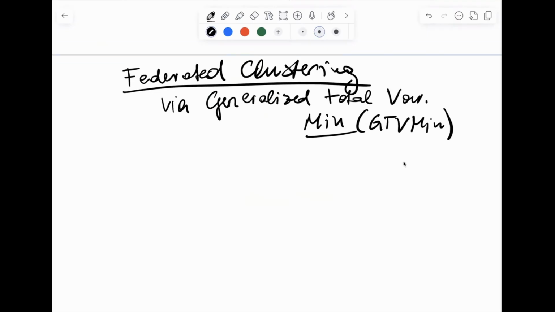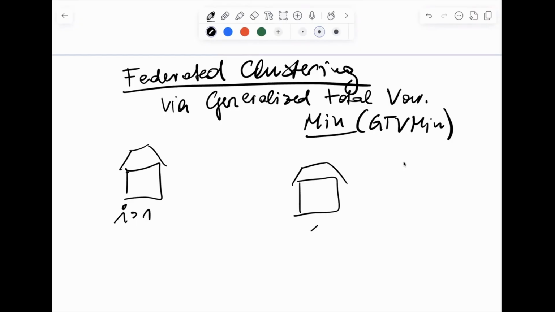And the idea is as follows. Let's say you have several devices or nodes, but now for the sake of this application with healthcare providers, let's say we have hospitals or some buildings with healthcare providers who collect patient data, and we index these nodes by I. So here we have node I and node I prime.